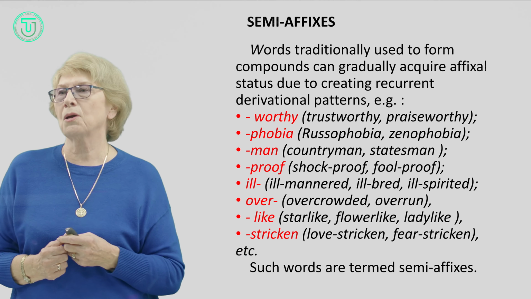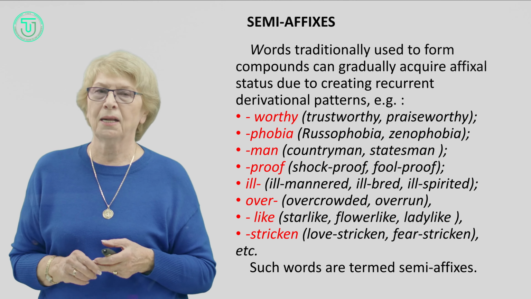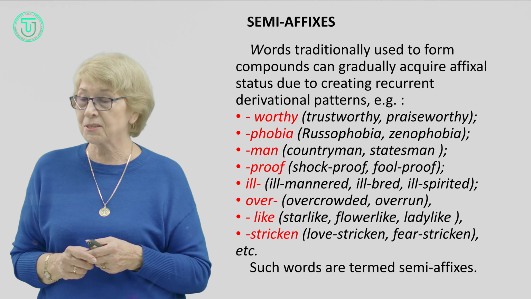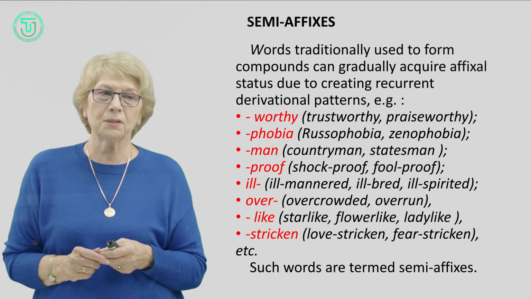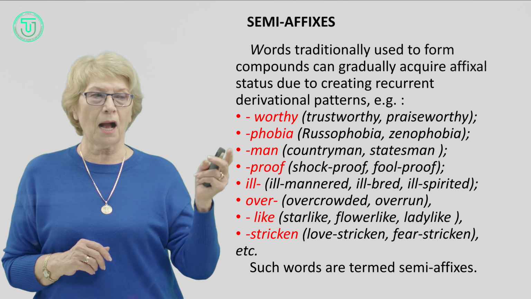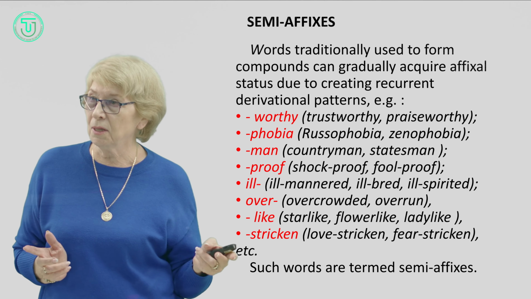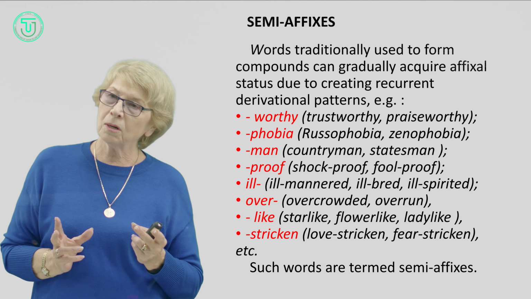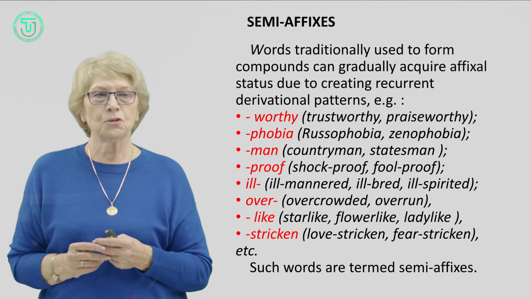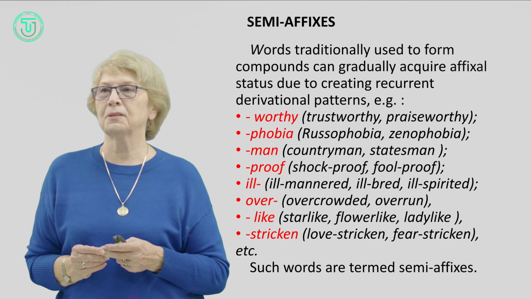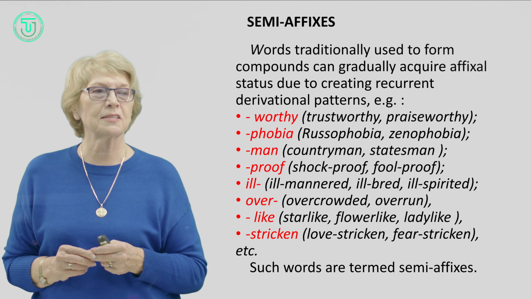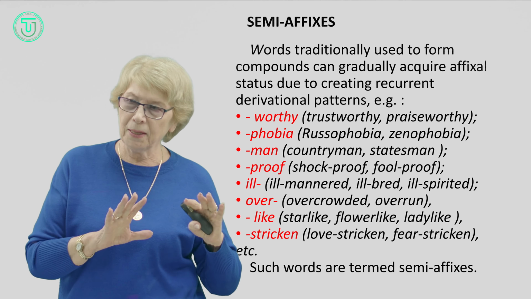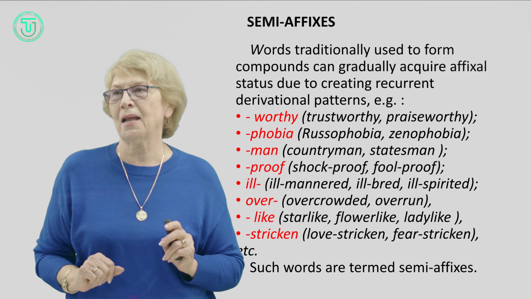But because so many words were made in English by attaching this lexeme, this normal independent word man, to other nouns, gradually man acquired the status of an affix, or rather semi-affix. So the scholars of lexicology suggested several words which are now developing mostly towards becoming an affix.